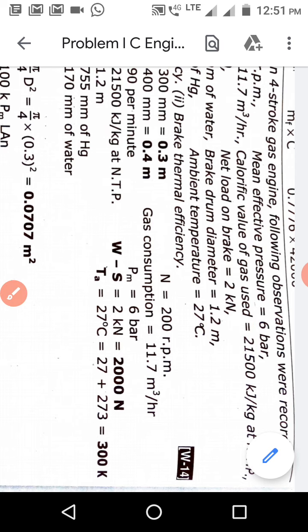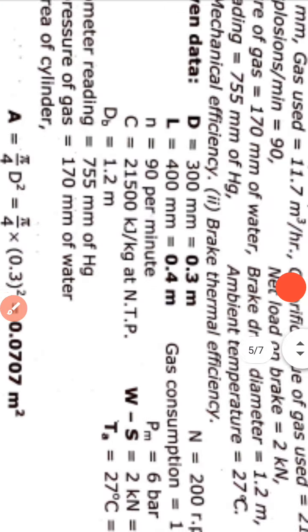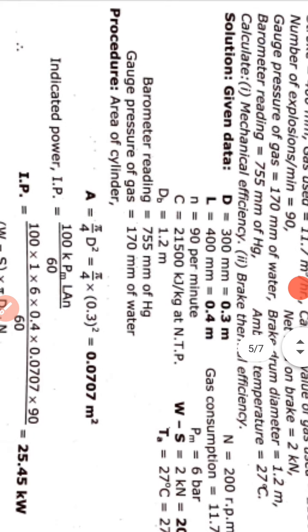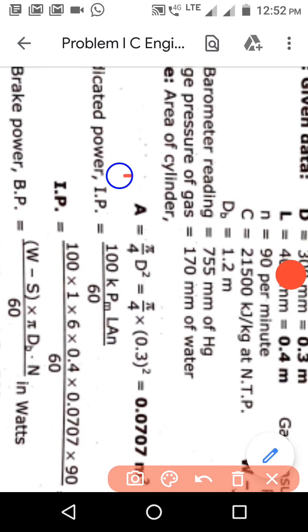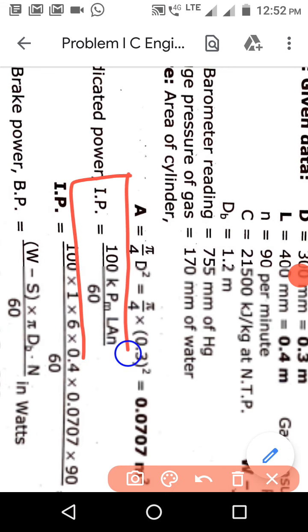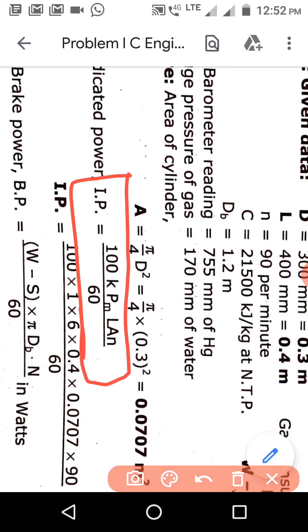We know that whenever the mean effective pressure is in bar, we use this formula for calculating the indicated power.